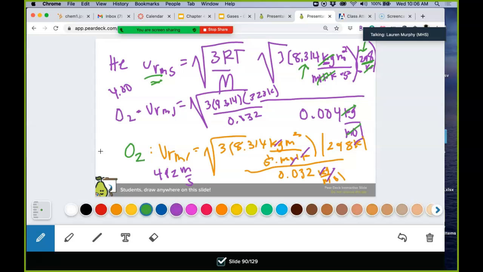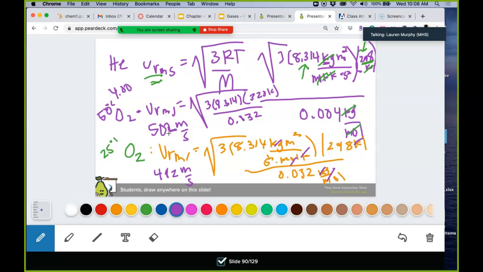So this is oxygen at 25 Celsius, and then this is oxygen at 50 Celsius. And let's look at their speeds mathematically. All right, so we get 502 meters per second.